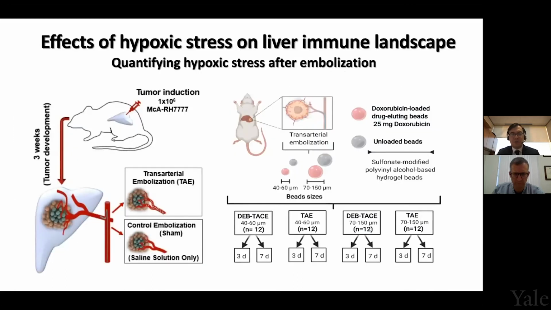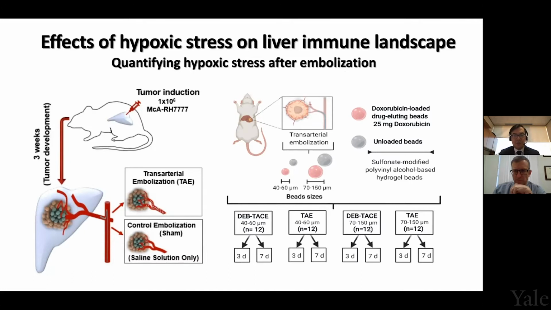To better understand that phenomenon, we embarked on this study, which basically was done in rats, where we created a tumor in the liver by injecting 1 million of these rat HCC cells. And then we divided the rats in 4 groups, and the groups are basically bland embolization and chemoembolization.